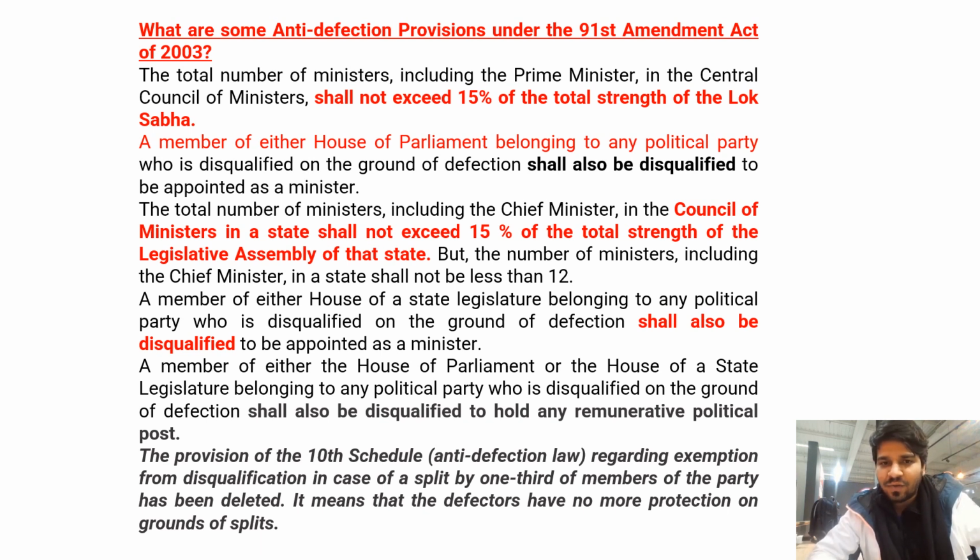Any member of either house of a state legislature belonging to any political party who is disqualified on the ground of defection shall also be disqualified from being appointed as a minister. It means that if he is disqualified under the anti-defection law, he can also not hold any remunerative political post, right?